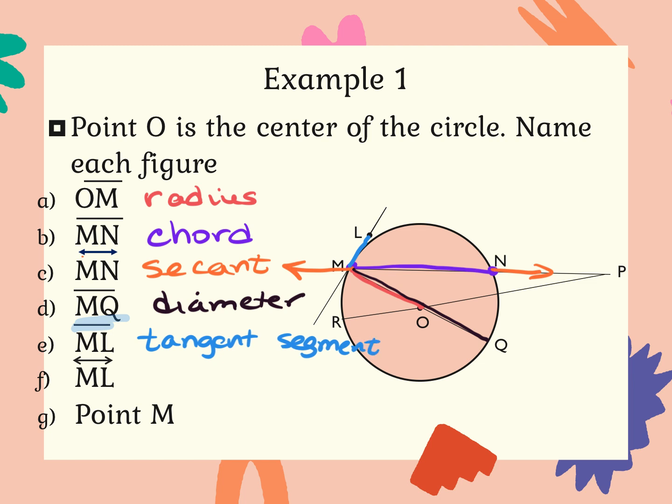We need to be able to identify this because we have a theorem coming up that will use tangent segments. Now notice, same letters for part F, however they changed the symbol to the symbol for a line, which now makes it just a tangent. And then point M is the point of tangency. It's where that tangent line is touching the circle.